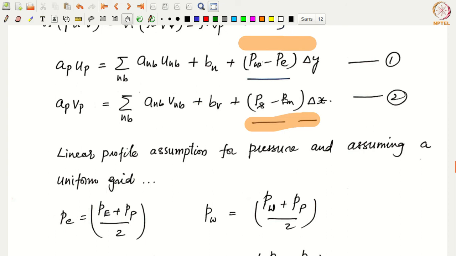So in principle you have three equations and three unknowns, so we can possibly solve this. But if the pressure field is known, then these two equations can be solved. It's a matter of putting it back here and calculating from the first and second equation the u and v velocity fields.